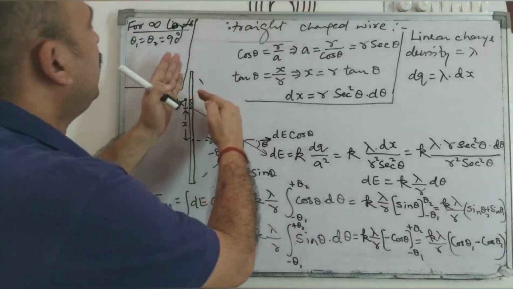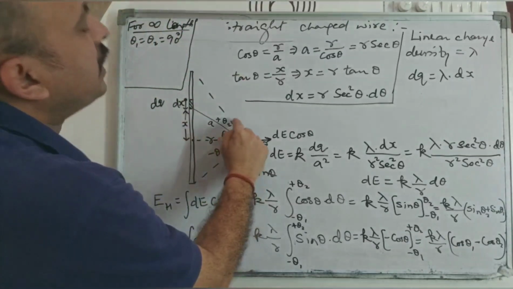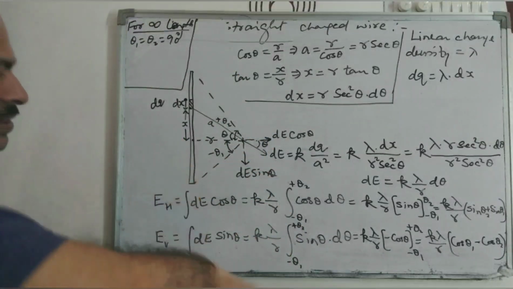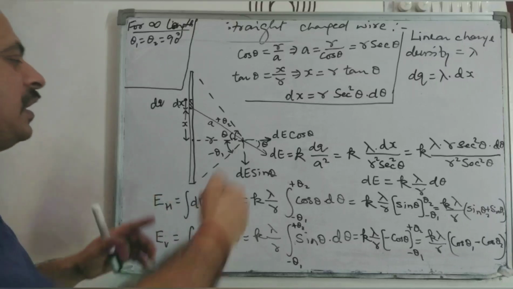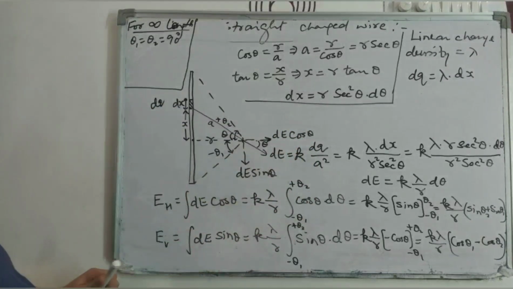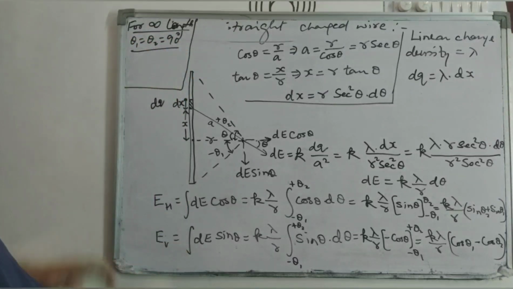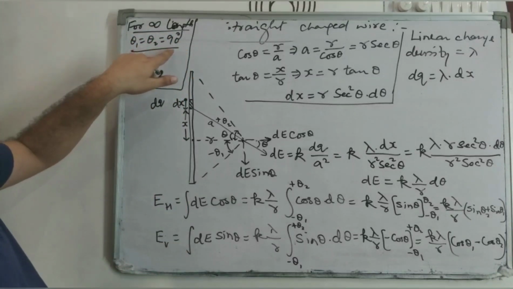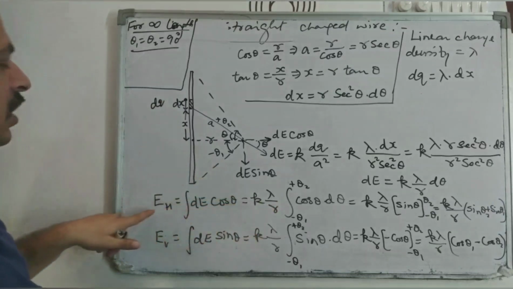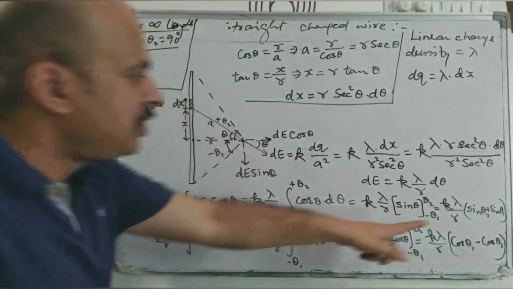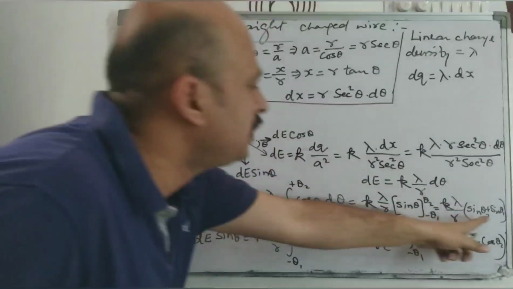If this extends to infinity, then this angle becomes 90. What about this side? If this end extends up to infinity, then that angle will also turn to 90 degrees. Now if theta 1 equals theta 2 equals 90 degrees, then in the horizontal component sin 90 plus sin 90 is 1 plus 1, so you will get 2.